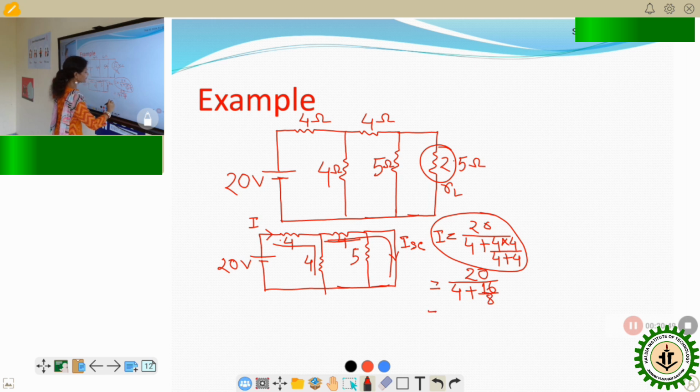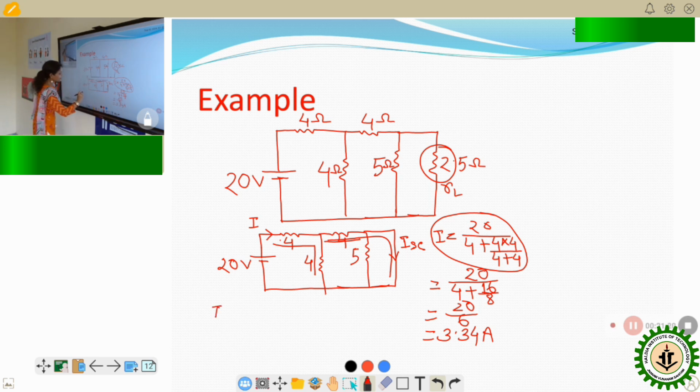That's 8. 8 multiplied 4, 32, and 16, that is 48, divided by 8, that means 6, and 20 by 6, that will be 3.34 ampere. It is total current, it is not the ISC.